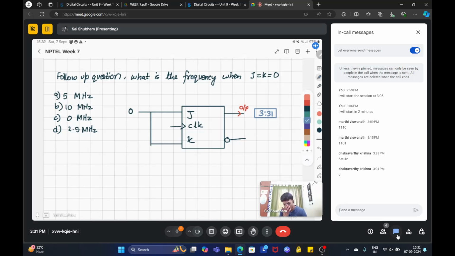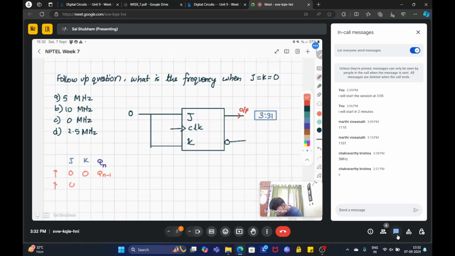So the only way you can solve this question is when you are aware of the truth table of the JK flip-flop. Okay. So in a JK flip-flop, whenever you have a positive edge, if J is 0, K is 0, then Qn is basically Qn minus 1 because it acts as a memory.